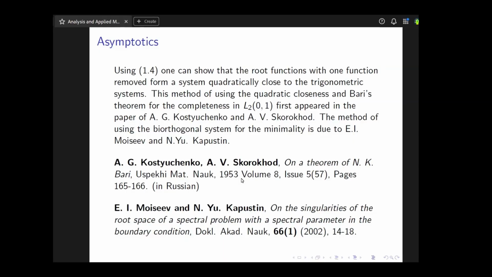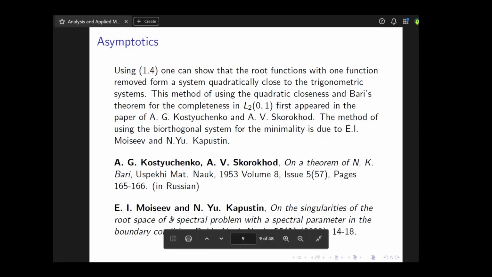The method of using the biorthogonal system for minimality was introduced by Moiseev and Kapustin, for example, in this paper, and its references find a similar approach. The difference is that in the problems of Moiseev and Kapustin, special problems were considered, when Q equals 0 and the boundary conditions are very special.